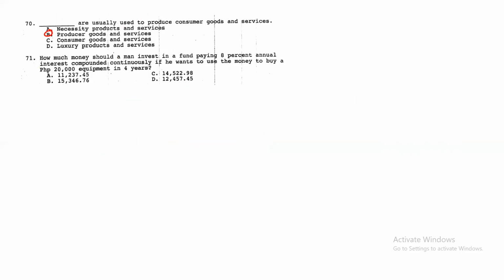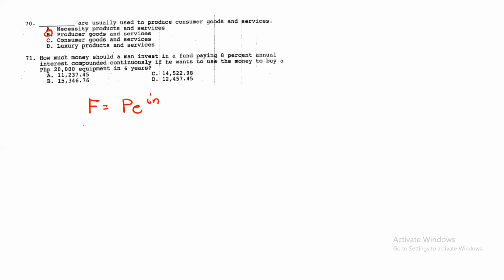The next, 71. How much money should a man invest in a fund paying 8% annual interest compounded continuously if he wants to use the money to buy a 20,000 equipment in 4 years? So continuous compounding ang ginagamit natin dyan. So F is equals to P e raised to i t.